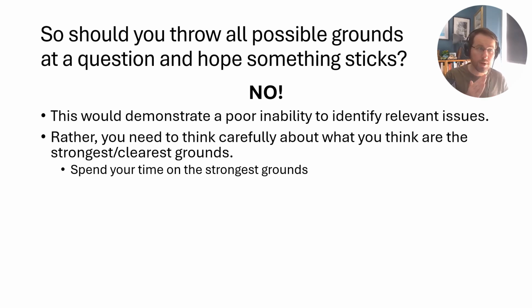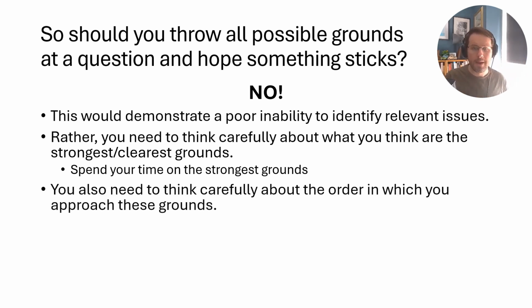Then my discussion perhaps of illegality and improper purpose would be shorter. Likewise, irrationality would be shorter. I'm spending most of my time on Article 10. So don't just try and throw every single thing at it in the hope that something sticks.